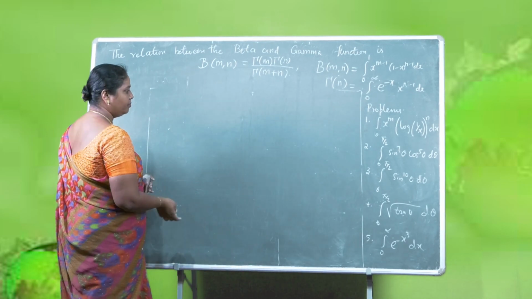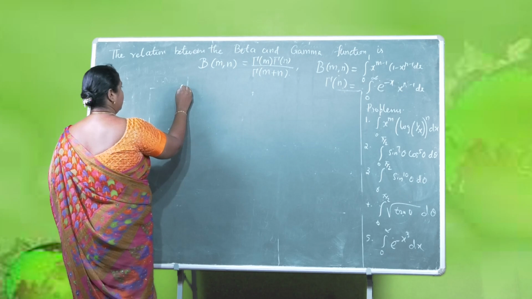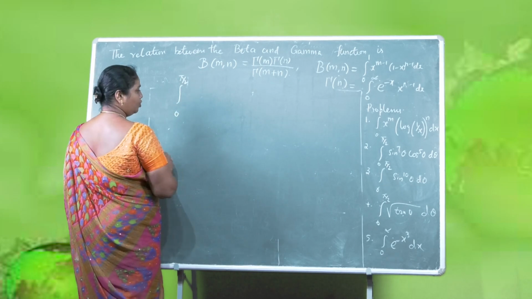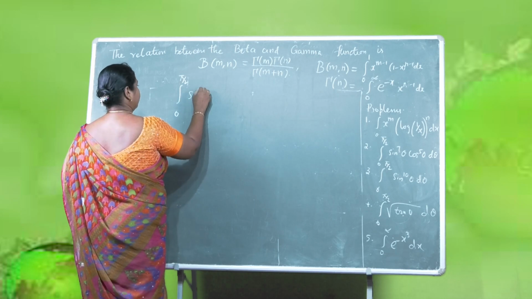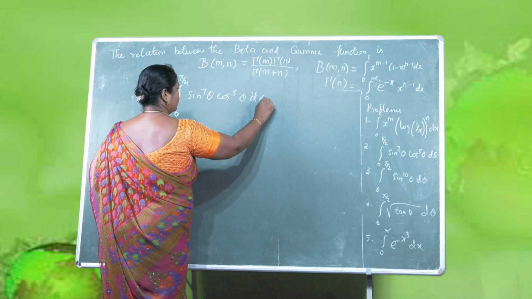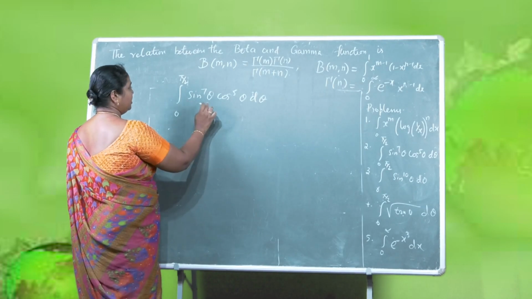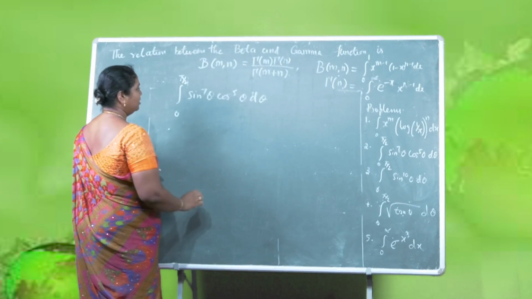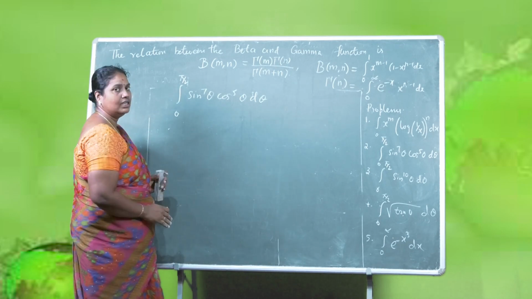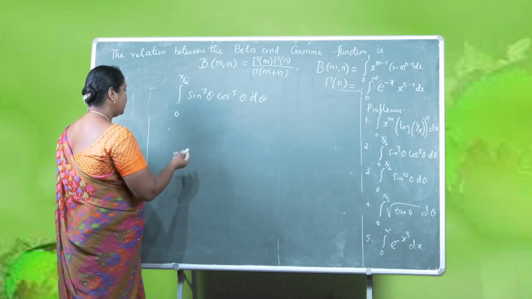So our next problem is: evaluate integral 0 to pi by 2 sin power 7 theta cos power 5 theta d theta. If you saw the last module, you know that this is nothing but a type of beta function. What is that?